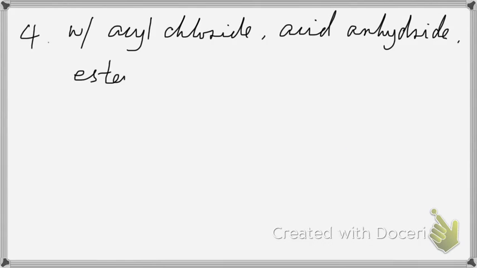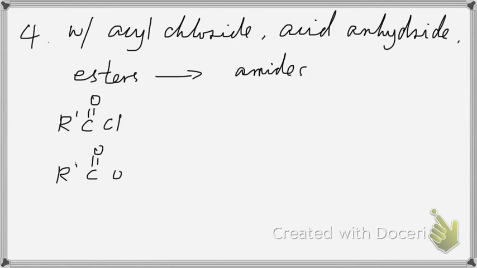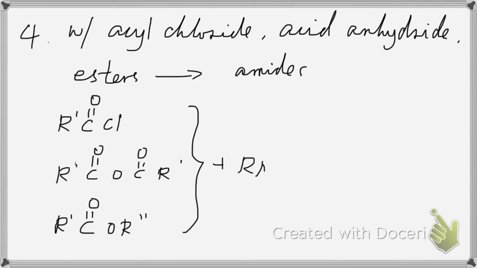Amines can react with carboxylic acids and acid derivatives to make amides. Previously, we talked about the reactivity of acid derivatives, and all these acid derivatives are more reactive than amide, so they can all be used to make amide when they react with an amine.